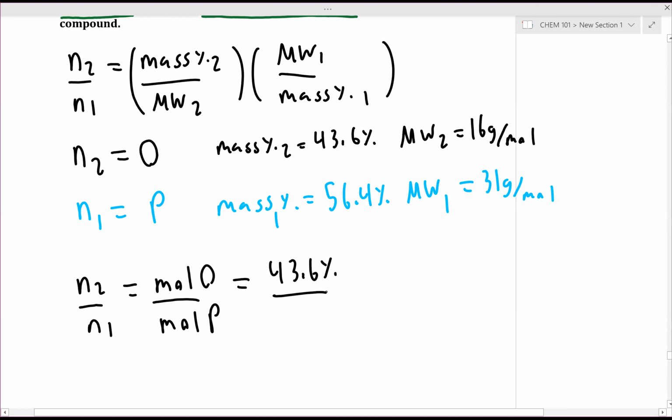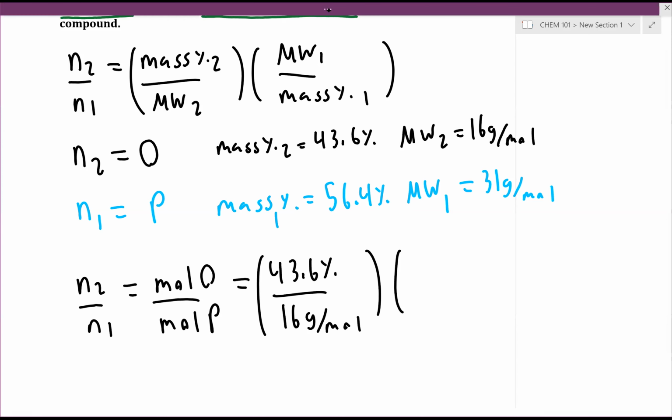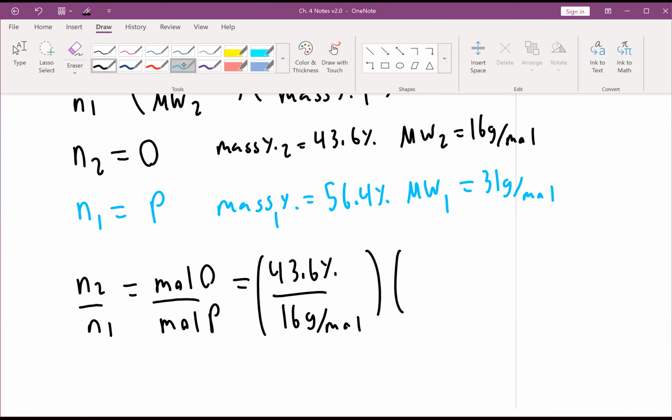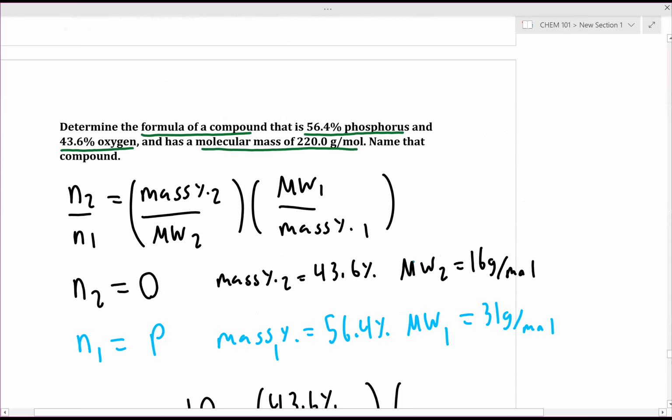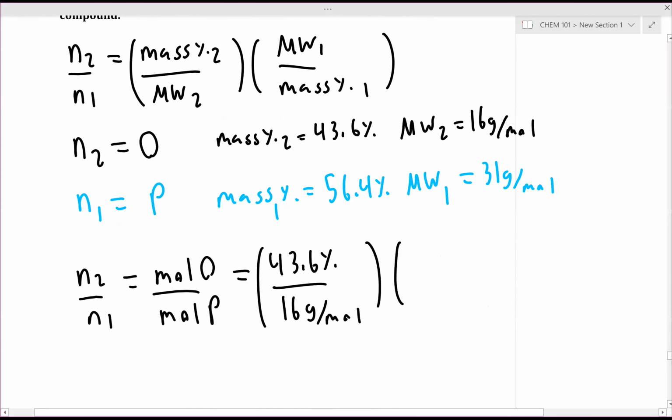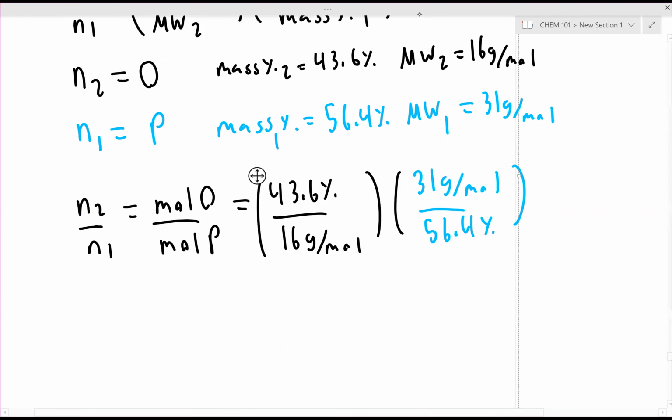We have 43.6% over our molar mass of 16 gram per mole, times, and then now let's switch pen colors. Times 31 gram per mole over 56.4%. And that in turn gives us a mole ratio.